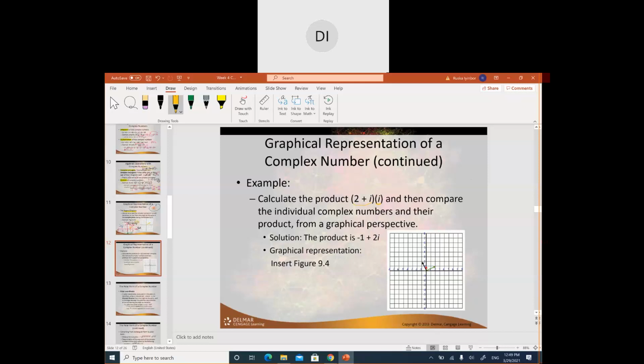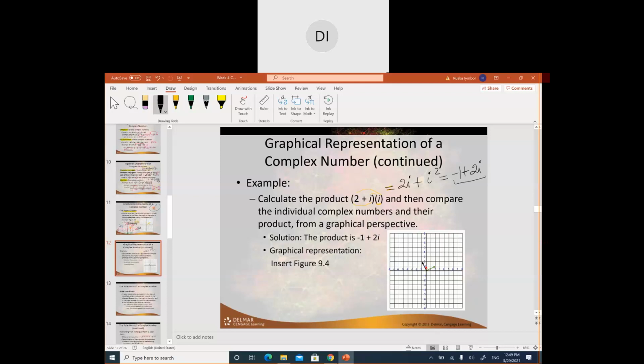And in order to get the graphical representation, I have to multiply the way you just multiply. Just distribute the i, so that's going to give me what? When I distribute, I'm going to get 2i plus i squared. And I know i squared is already -1, so -1 plus 2i. Just keep the 2i.